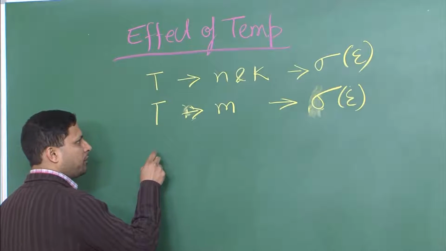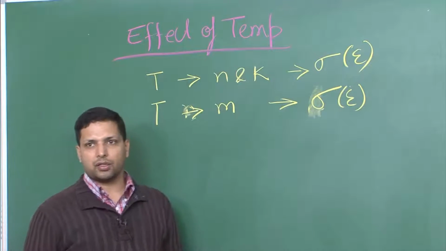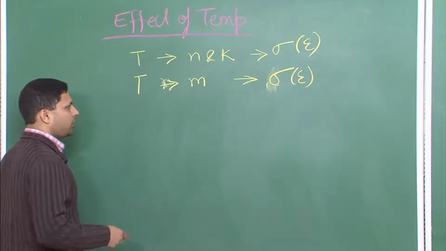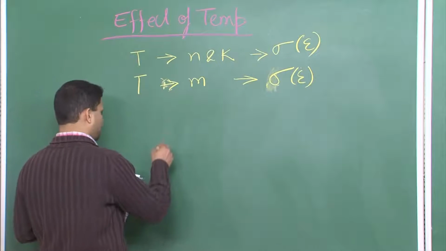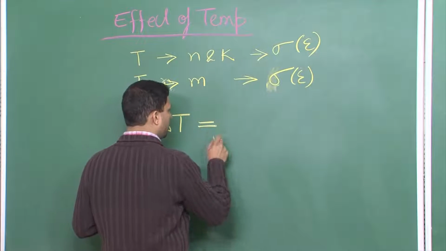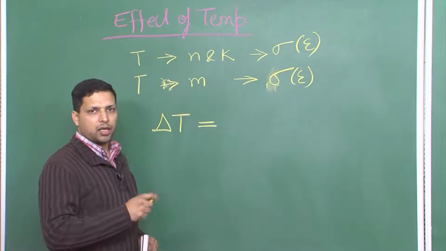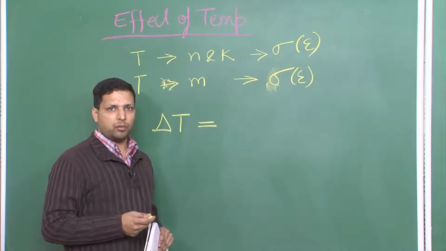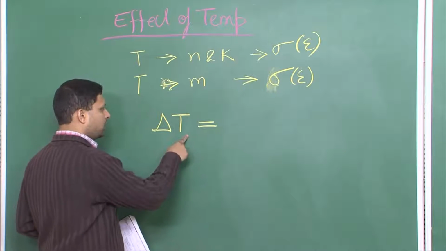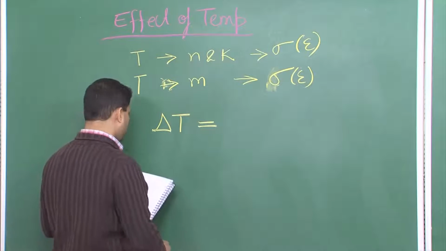Now, the temperature effect onto stress and strain is not one way. In fact, stress and strain can also influence temperature. Almost 99% of the work done when you are doing any deformation gets converted to heat energy, and that heat energy is nothing but temperature rise inside the material.